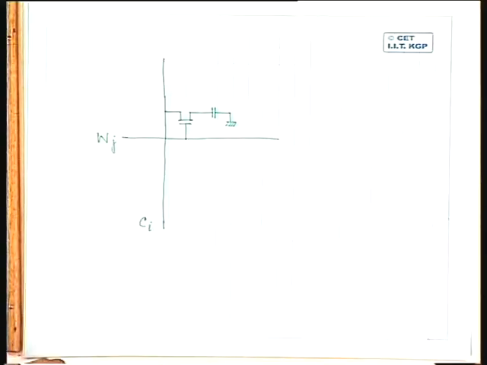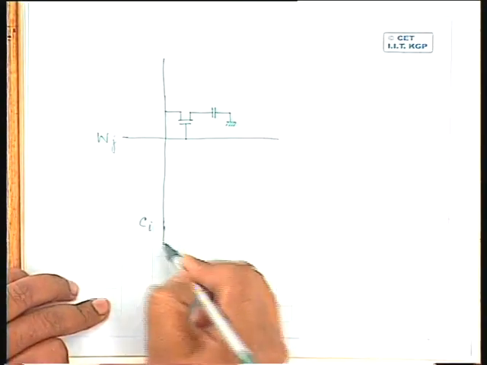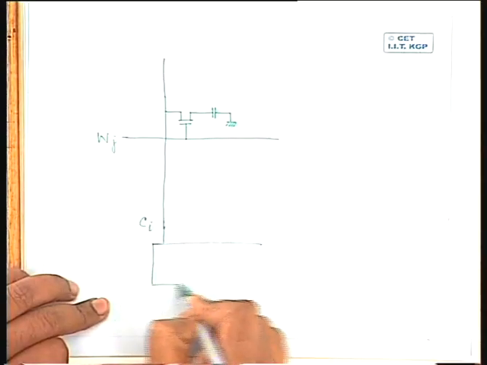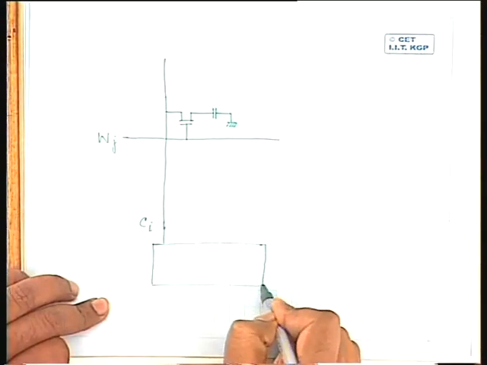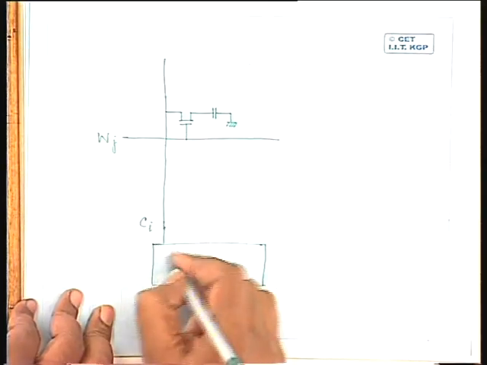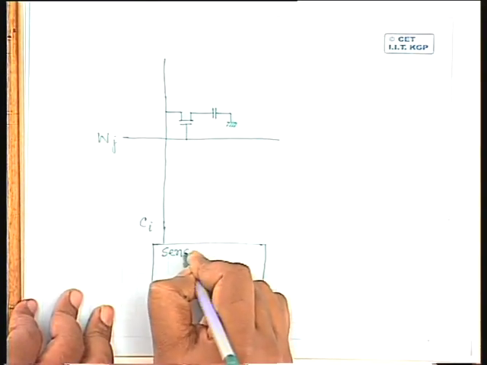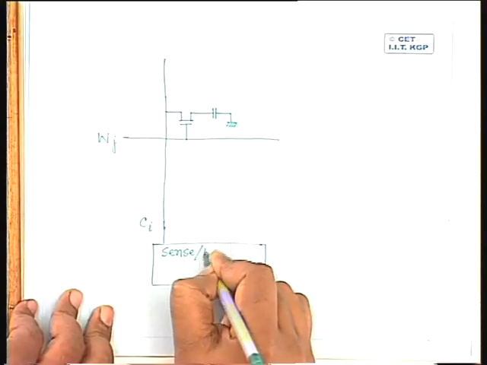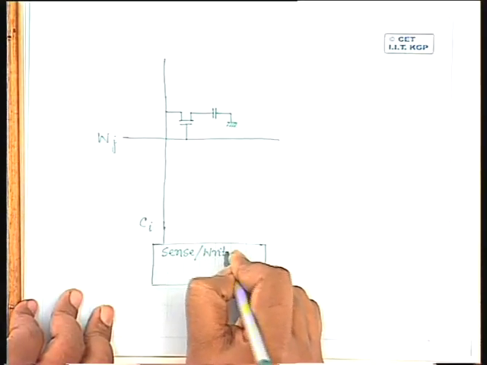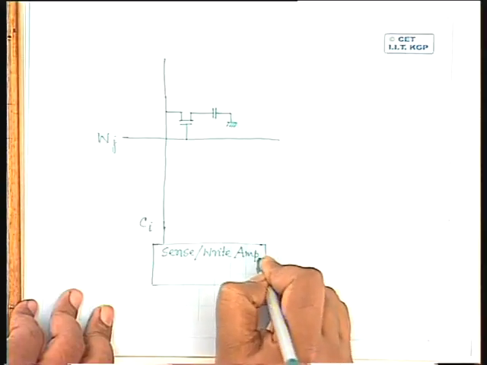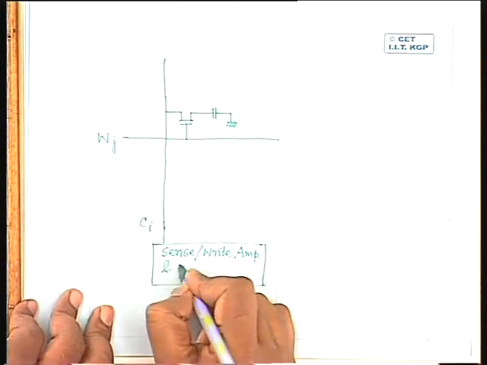The other part, that is the sense write amplifier and driver, is almost similar to that in case of static RAM cell. So this is the sense write amplifier and driver.